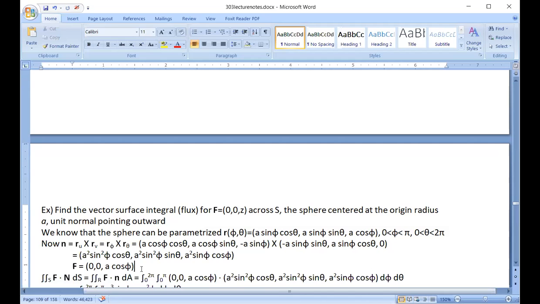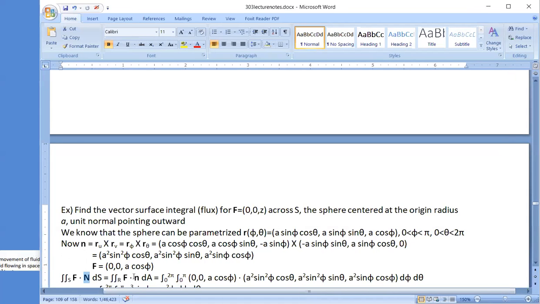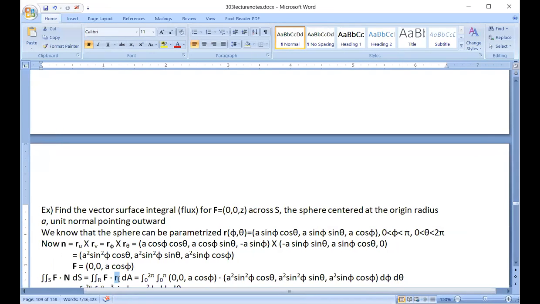Before I go on, let me point out how important this is: to distinguish for yourself big N, which is the unit normal vector, and little n, which is your normal vector, but with the necessary magnitude.